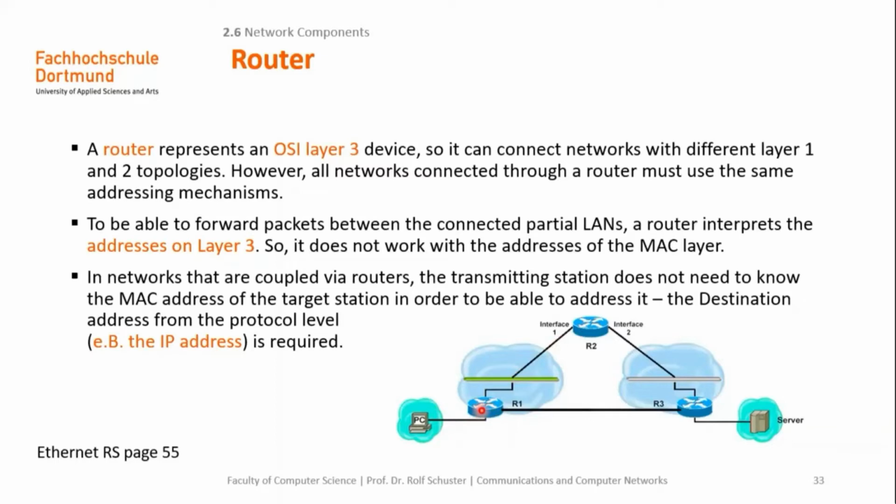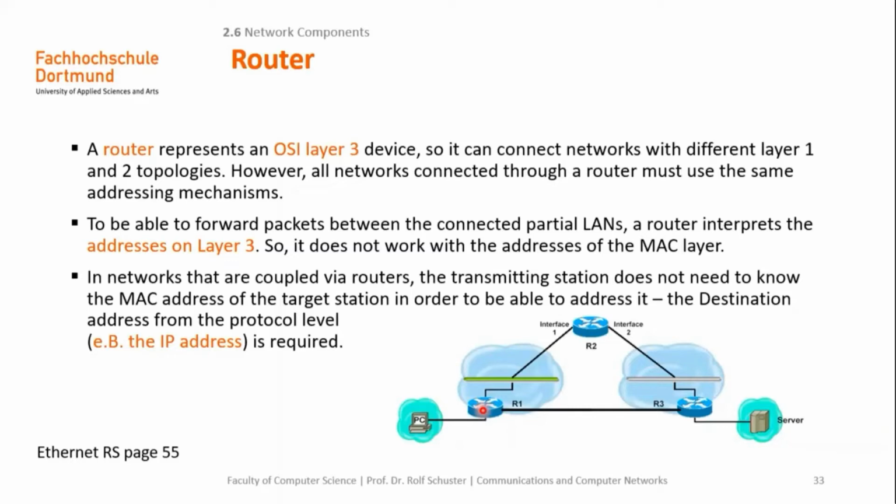Then when the router receives a frame, it decapsulates the frame, which has inside a datagram or packet of layer 3, and examines the header of the datagram or packet, for instance, the header of the IP datagram, the Internet Protocol datagram.